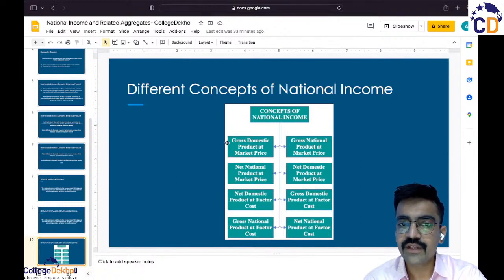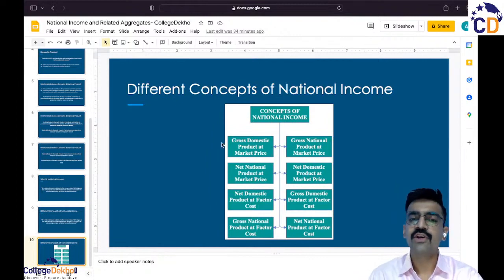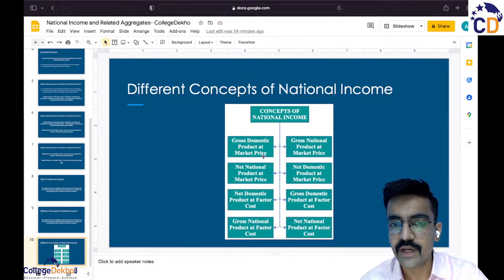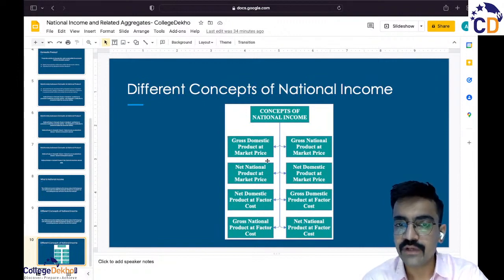So from this value, if you already know the GDP at market price, which is GDP at MP, you could simply add the net factor income from abroad, and whatever value you come to would be the gross national product at market price, right?